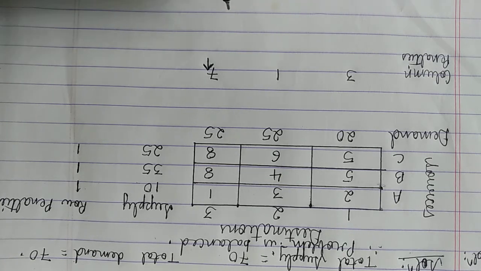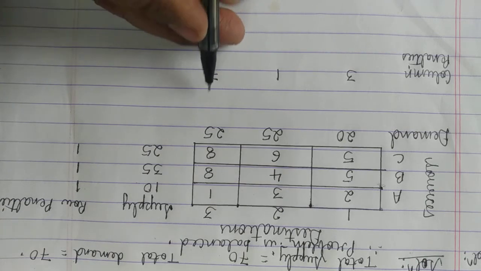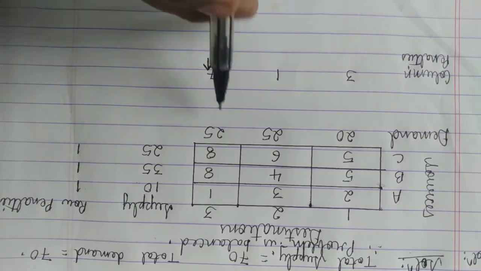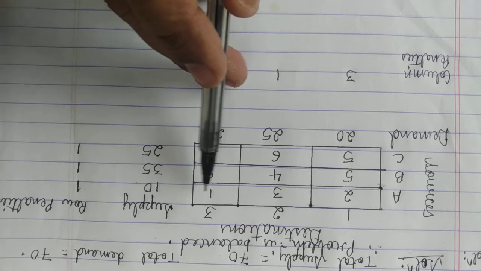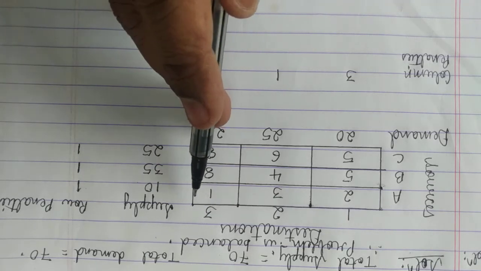I am putting an arrow mark here. What this means is your first allocation should happen in this column only. Where will you allocate? Logically here, because this is the least cost cell out of all these 3. So you have to allocate here.